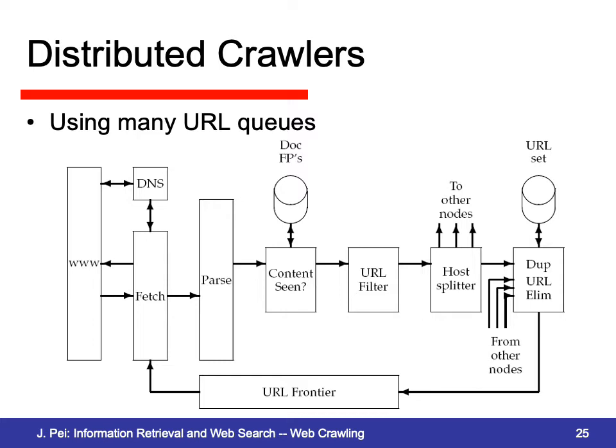The result of this locality mismatch is that most content seen tests result in a remote procedure call. Second, there is very little locality in the stream of document fingerprints and shingles. Therefore, caching popular fingerprints does not help here.